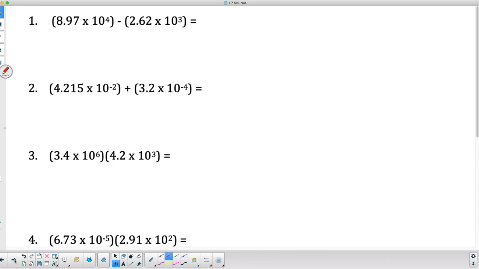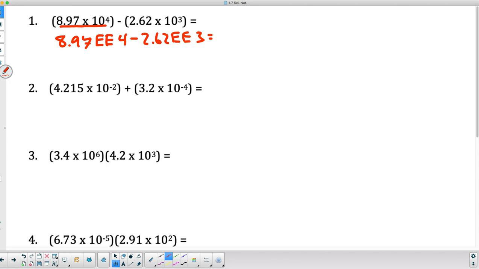What I would do in the calculator is type in 8.97, then use the EE key and put a 4 in. That would give you the number here times 10 to the 4th. Then simply hit subtract, then 2.62, and again EE or EXP, and then 3. That will give you the answer.